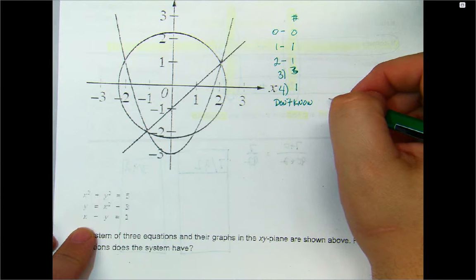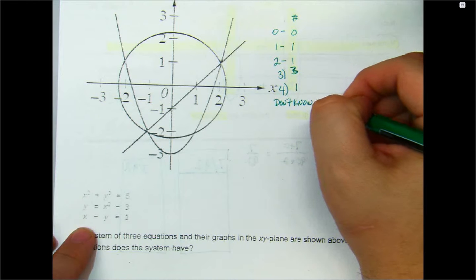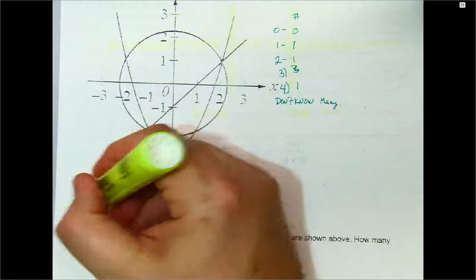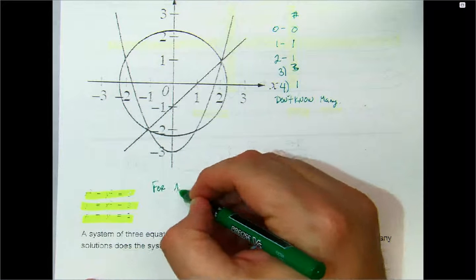All right. Now, here is the secret to any type of graph that you're looking at. Ask yourself, how many equations are there? There's 3. So pay attention, please.